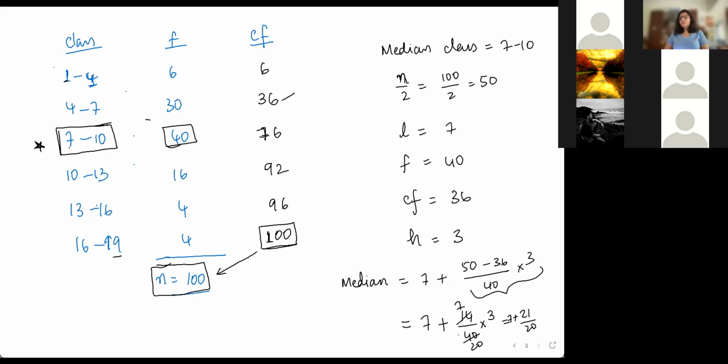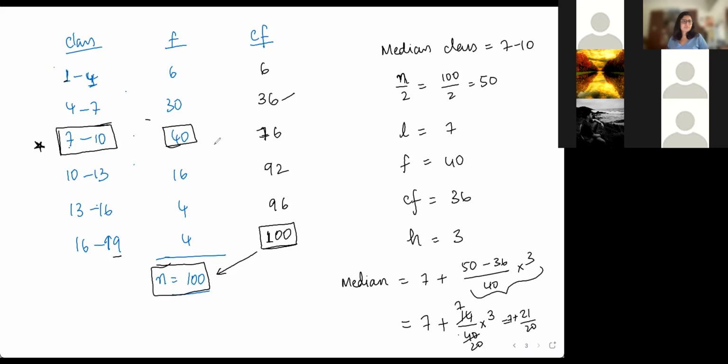So did you guys get the logic behind how to figure out the median class? Why do we need cumulative frequency, all of that? Ma'am, I didn't really understand which cumulative frequency we have to take for which class. Okay, so for mode it's pretty straightforward.